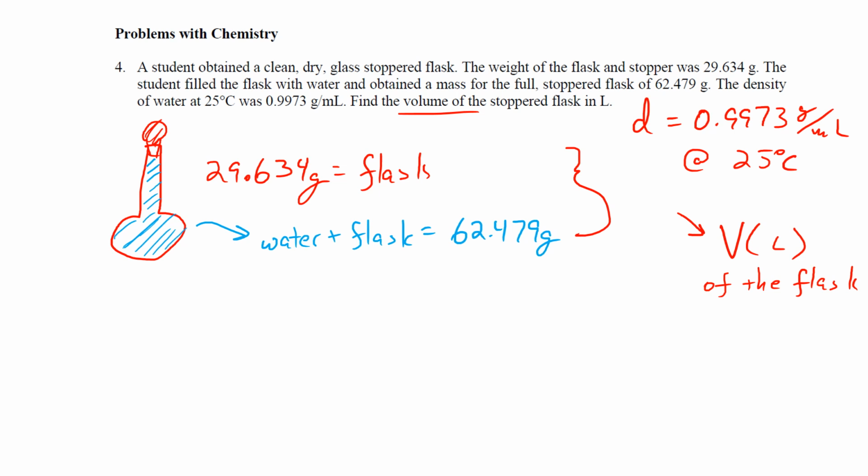So we know how all this water here, the water filled that up. So if we know the volume of the water, then we know the volume of the flask.